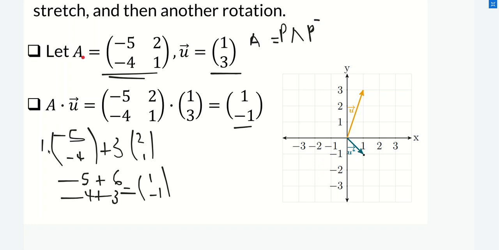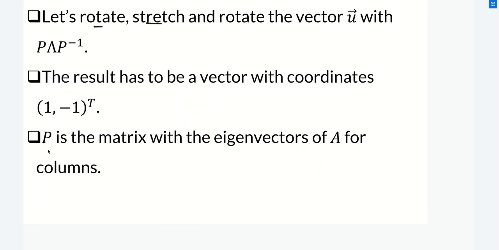If this A is transforming this vector and we are getting this place, that means I can take this expression and also transform the vector 1, 3 with it, and I should get to the same place, 1, negative 1. So let's do it quickly.